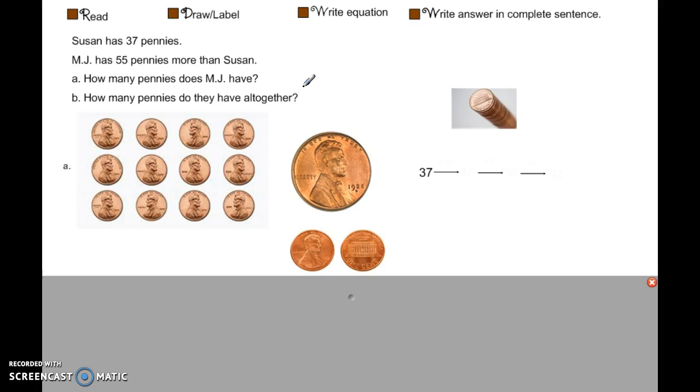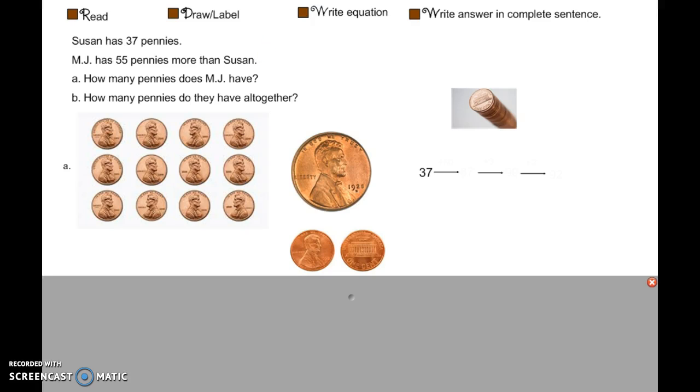So while reading my problem, I know that I have two characters. I have Susan, and I know that Susan has 37 pennies. And then I have MJ, and she has 55 more pennies than Susan.